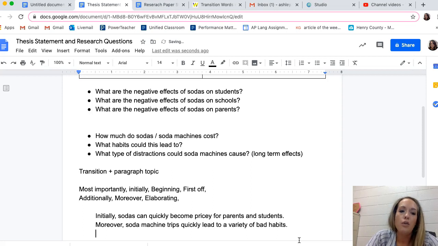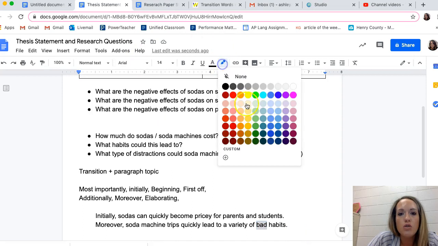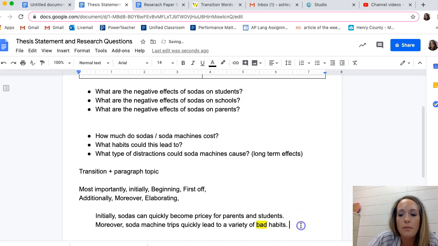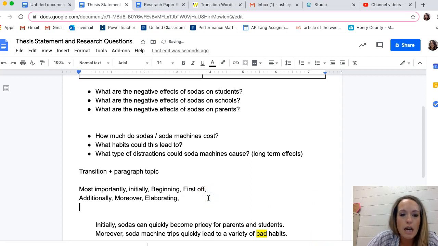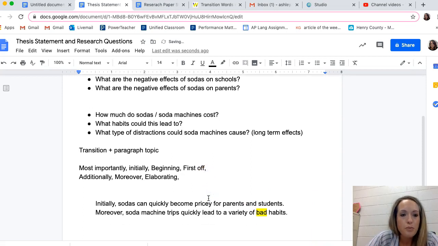And again, once we start editing, we can get rid of some of our weaker baby terms, if you will. But just for now, I might highlight it just to draw my eye to it when I start writing. Now for my last body paragraph, I could say most importantly.